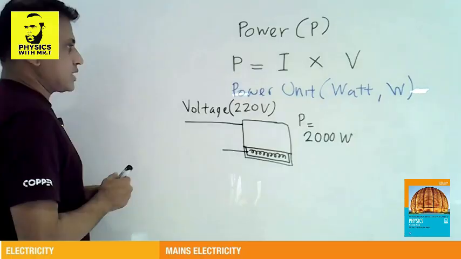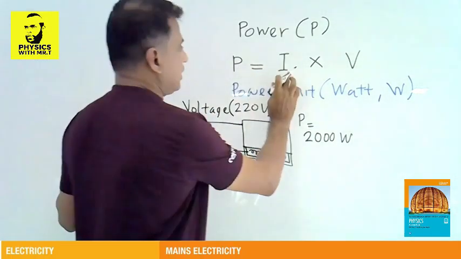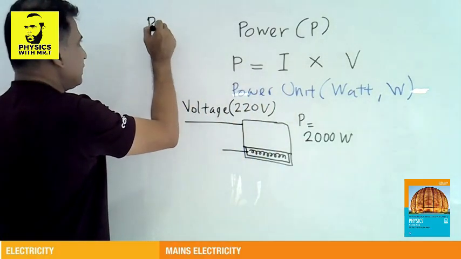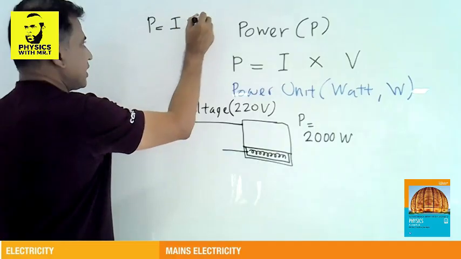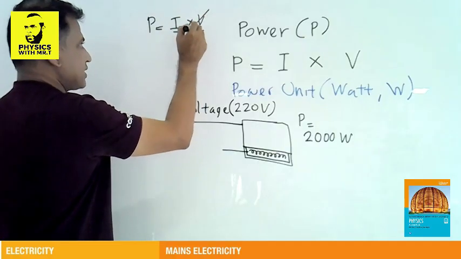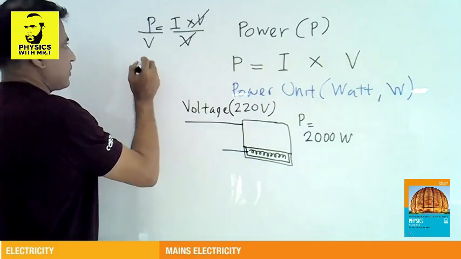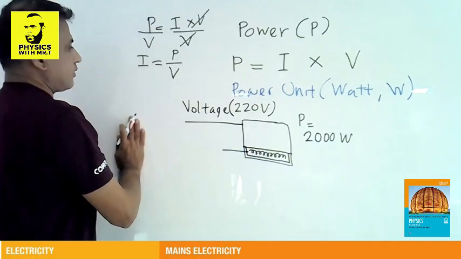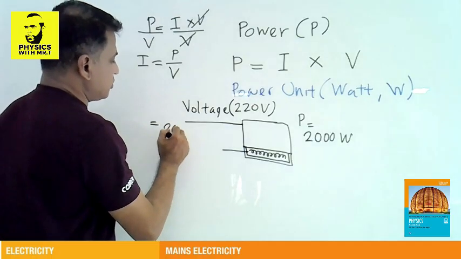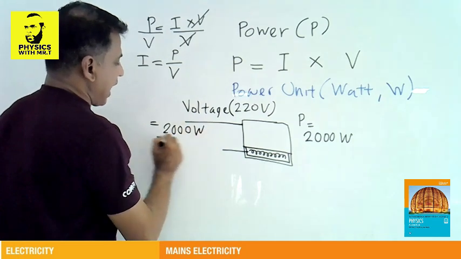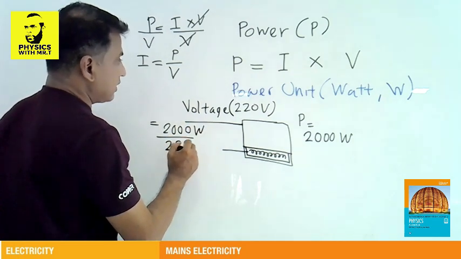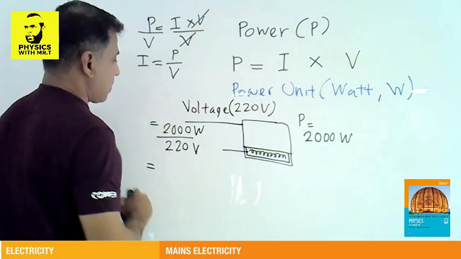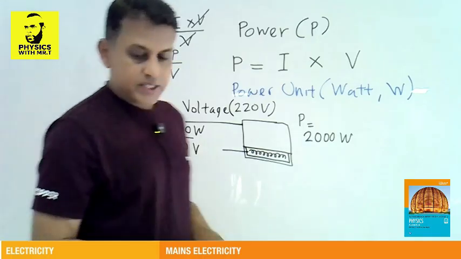So we can calculate it like this. P equals I multiplied by V. If we want to bring I to one side, we divide this side by V, and this cancels, and that comes here. So I can rearrange the formula like this. Power is 2000 watt, and 220 volt is the voltage.